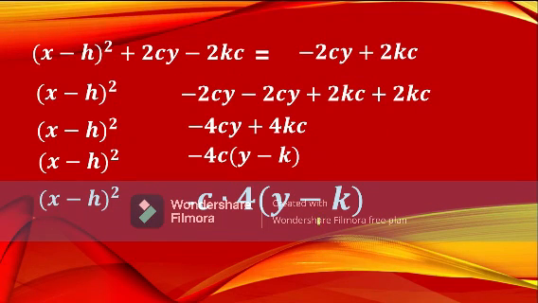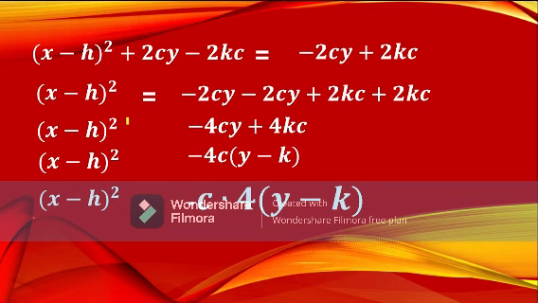Okay, so to continue, we are going to transpose positive 2cy minus 2kc to the other side of the equation, then write it beside the same term or like terms. So (x - h)² is equal to -2cy - 2cy + 2kc + 2kc.